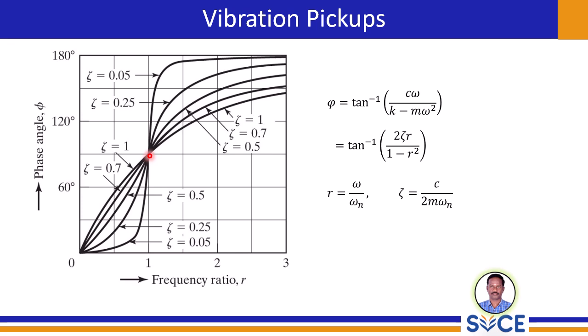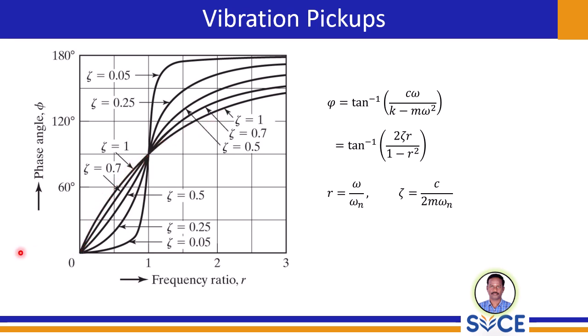At higher frequencies the phase angle approaches 180 degrees, indicating the relative displacement is almost completely out of phase with the input vibration. The damping ratio significantly influences the rate at which the phase angle changes around the natural frequency. Lower damping ratio leads to a sharper transition in phase, while higher damping ratio results in a more gradual change.